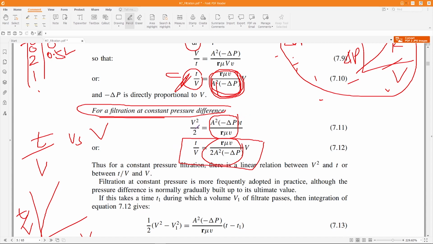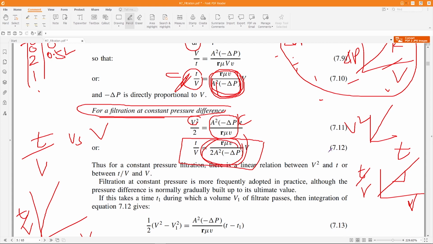You can plot V square versus T, with V square on the y-axis and time on the x-axis, and you'll get a straight line. Or you can plot T by V versus V, and then also you'll get a straight line. From the slope you can calculate this term.